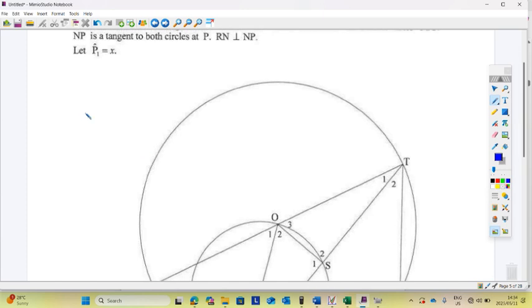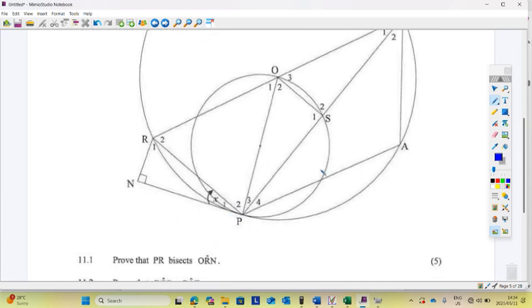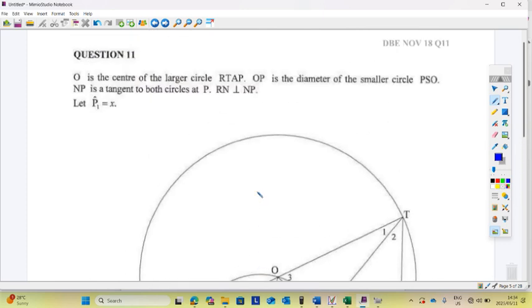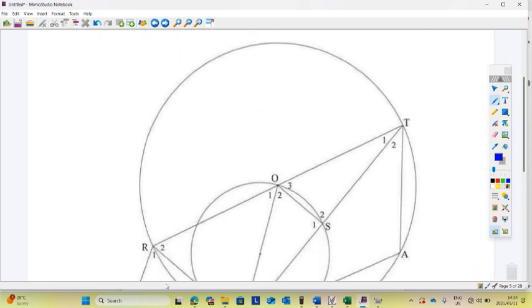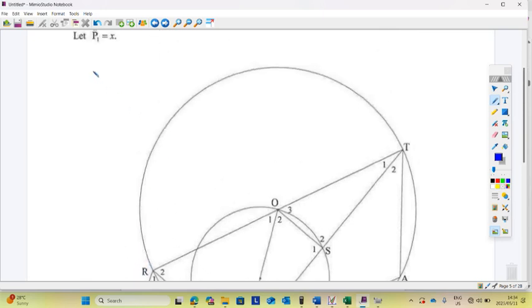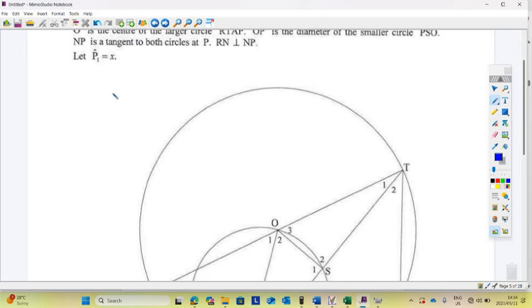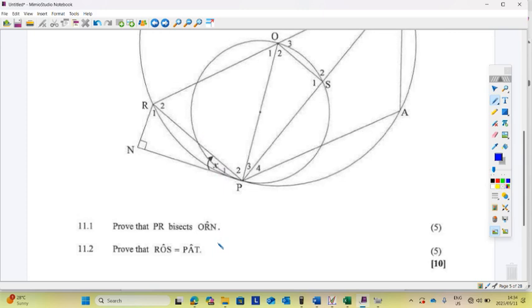And then NP is a tangent. NP is the tangent to both of these two circles, the big one and the smaller one, and we have RN perpendicular to NP, and then let P1 be equal to X. Here is our P1, here it is equal to X.